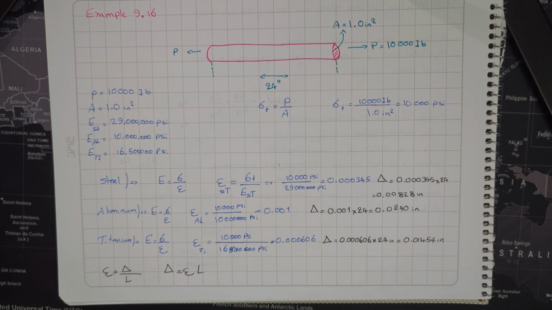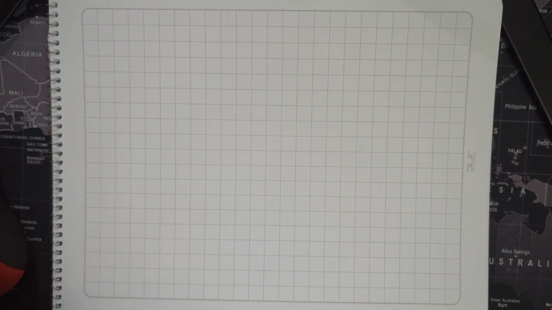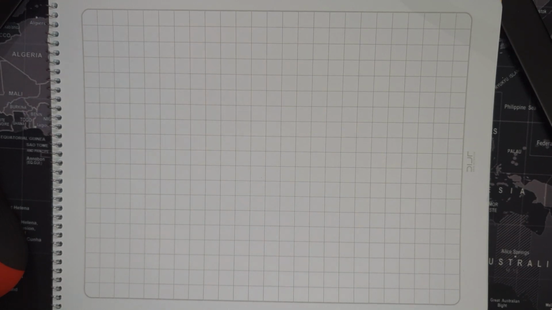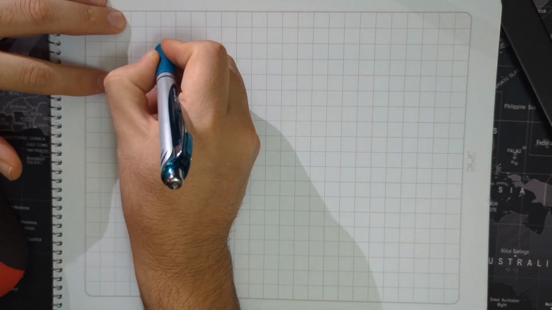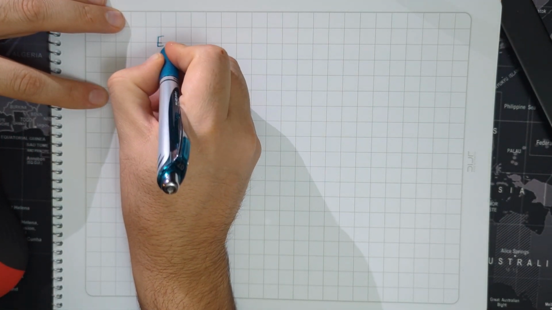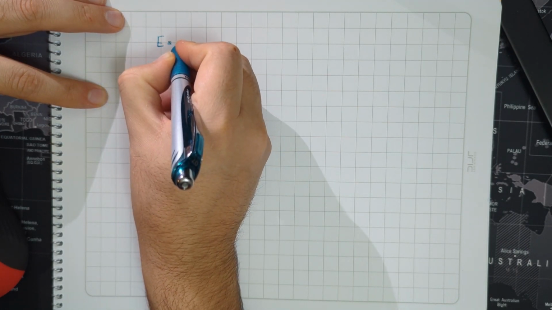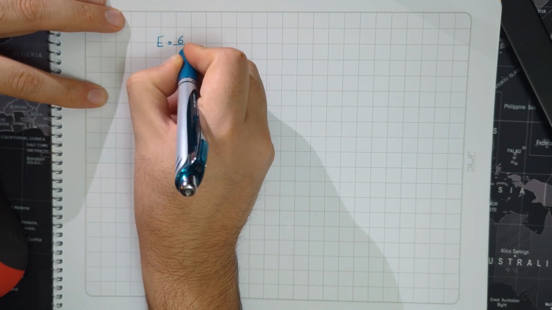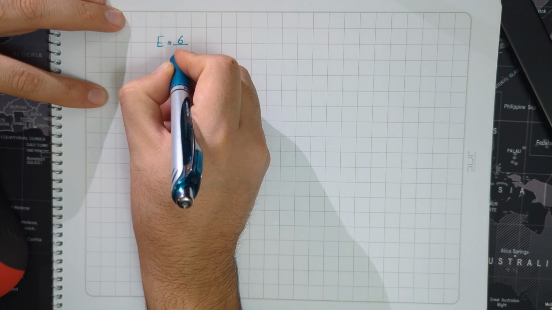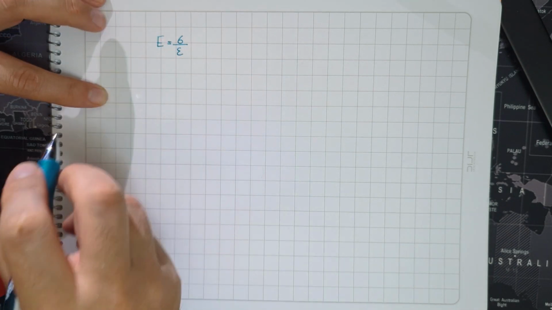All right, so we can calculate that the stiffness of the steel is significantly greater than aluminum and titanium. It is safe to say that modulus of elasticity is sigma over epsilon.